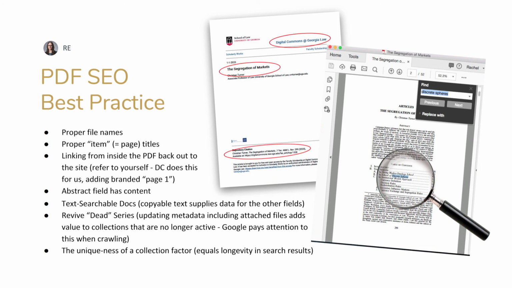And then all of this work, when you're downloading a document and then replacing it with an updated version, is going to revive these dead series, as they're sometimes referred to. All of the metadata attached to these fields, when we add value to it and update each of these records, Google pays attention to the last time a certain page was updated, especially if there's a new file that has been added.